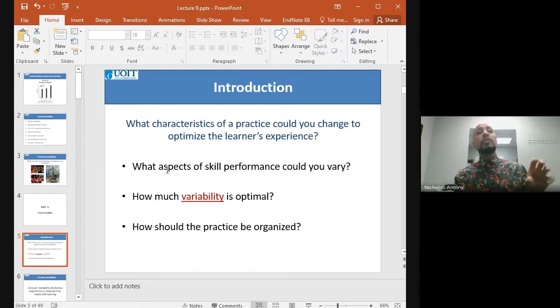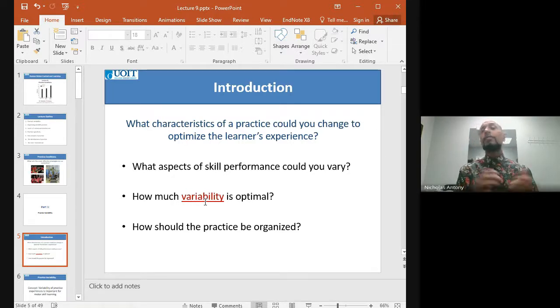And so by introducing variations of the movement, by adjusting the environment or the situations of the skill, you are introducing more trial and error, more understanding of the motor skill. So variations in the skill that you are teaching are important for optimized learning.